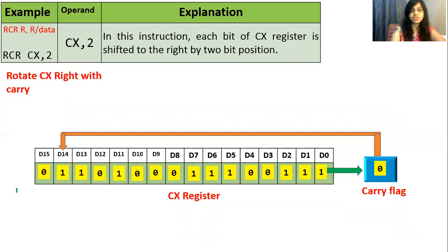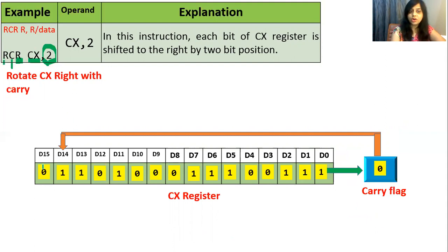Now next instruction, same RCR, rotate contents of CX register. Now in place of an 8-bit register, I have written a 16-bit register because CX is a 16-bit register. Rotate contents of 16-bit register CX towards right, C stands for through carry, but now by 2-bit position.